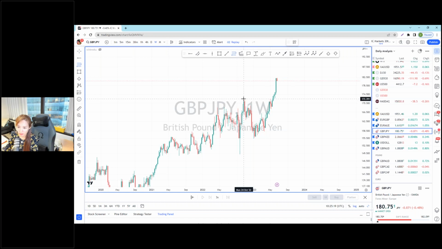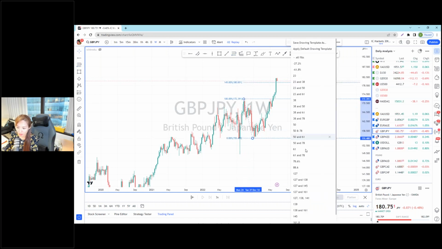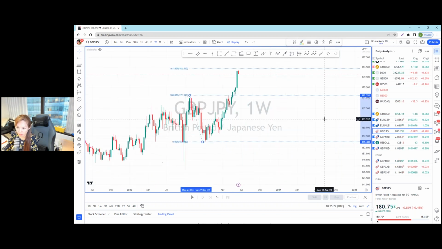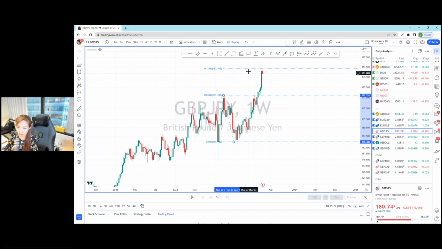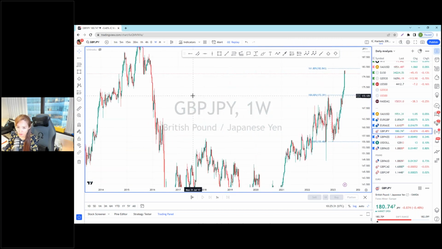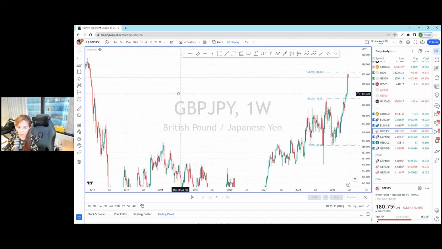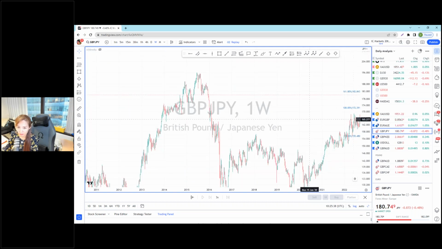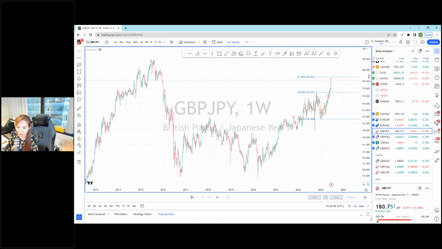I draw Fibo from here to here, and then you know that price almost hit my 61.8%, which is somewhere around here. So this is my zone that I sell. If you were to go all the way to your left on the weekly time frame, this is your weekly time frame.